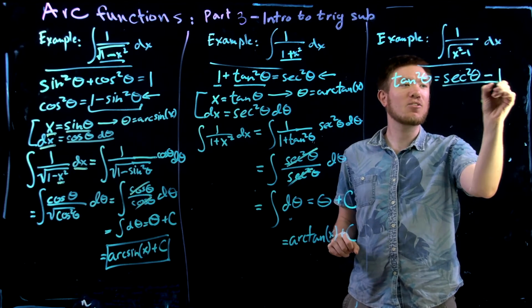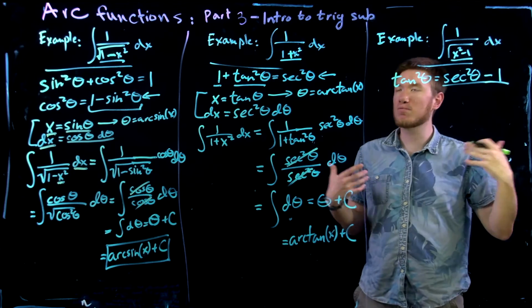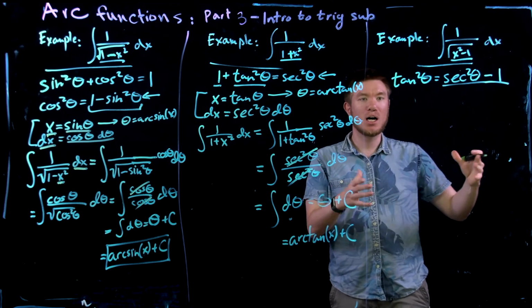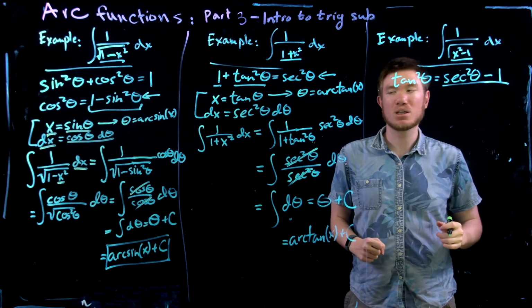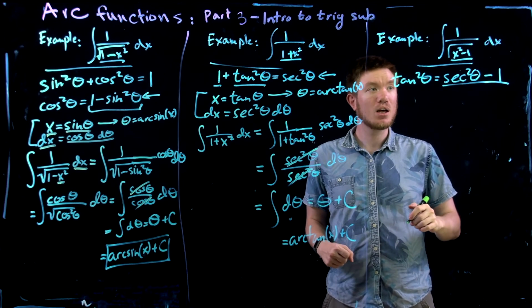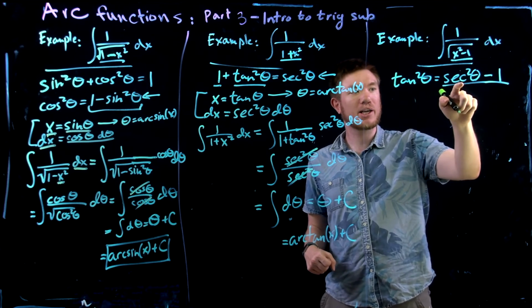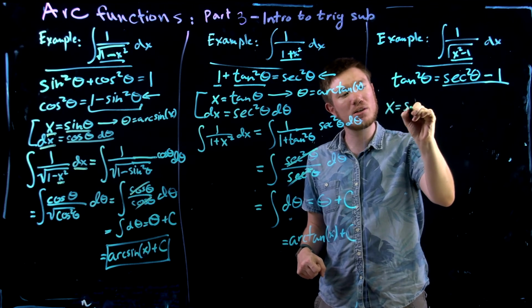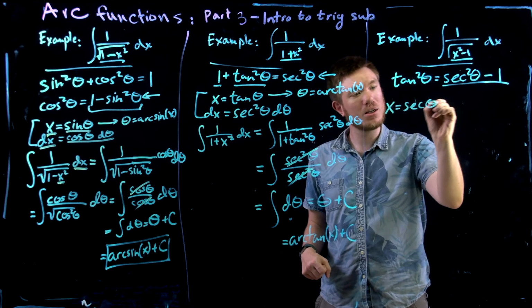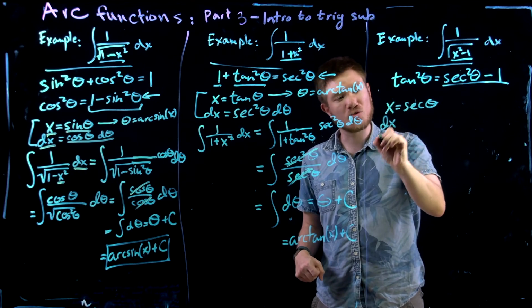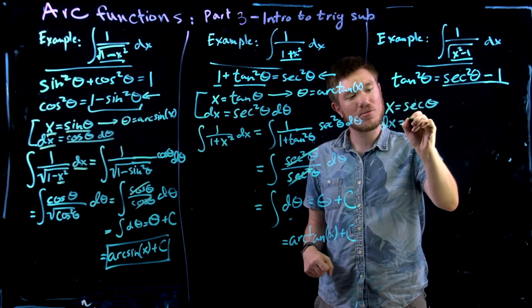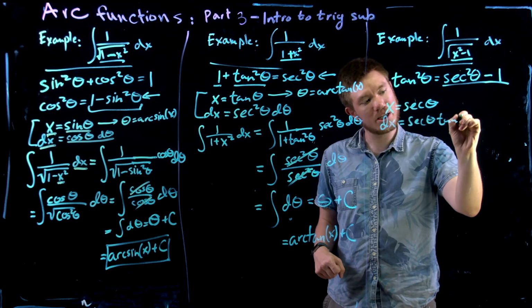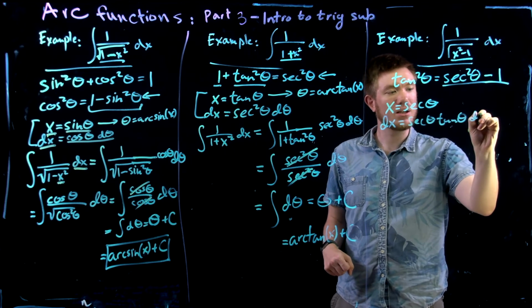Notice that secant squared theta minus 1 looks a lot like x squared minus 1. This is our intuition behind the substitution we want to make. Where we have x squared, we want a secant squared. So the substitution we'll make is x equals secant theta. And the derivative of secant theta, recall, is secant theta tangent theta d theta.